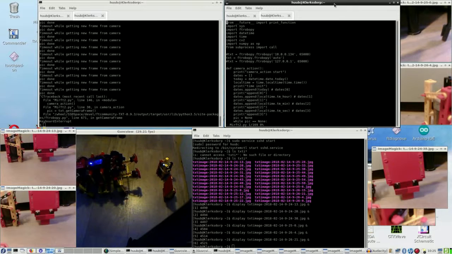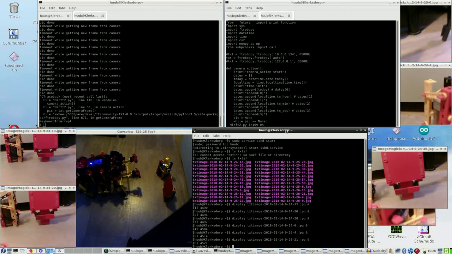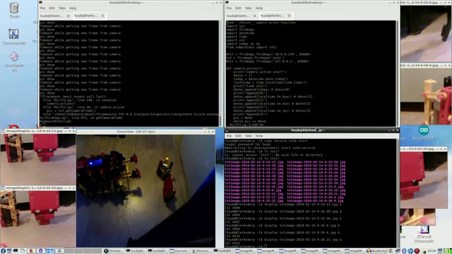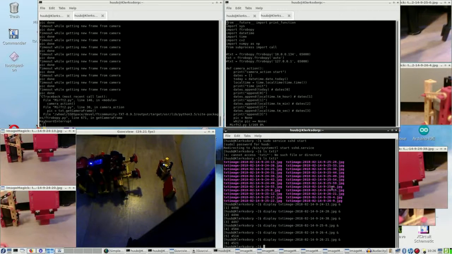They're all valid images. And the last image that I took was 9.26.9, and that was here. So only these pictures were taken after.